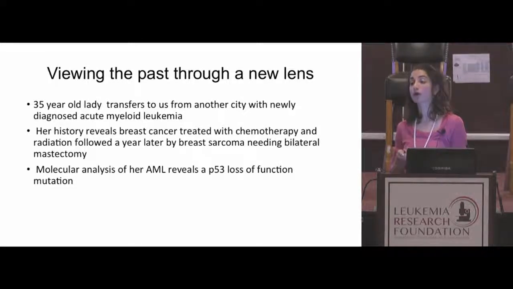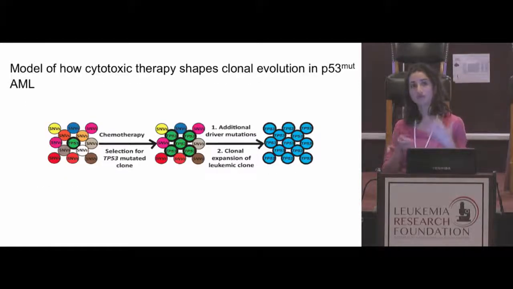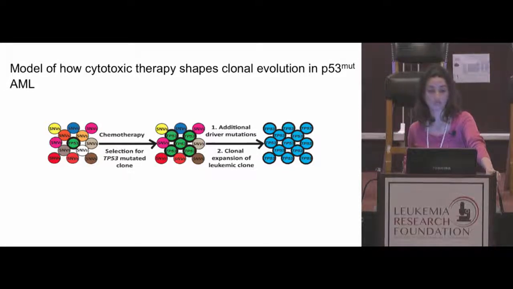P53 is the most commonly mutated gene across all cancers. It's mutated in somewhere around 15% of cases of AML. And if we take all comers of AML, but if you take AML with chromosomal abnormalities, they're very enriched in P53 mutations. And the reason is that P53 is a gatekeeper gene. So it's the gene that tells your cells they have to die when they've been injured.